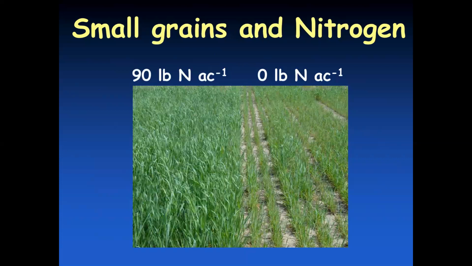And you can see with zero nitrogen, very little growth out there as compared to the fertilized. And in a lot of cases, it may be really hard to recover the money that you've already spent on seed if you don't put some fertilizer out to kind of boost it along. It just makes a huge difference in how much mulch you can get, how much soil erosion you can prevent, and how much water infiltration you'll get later in the summer season.